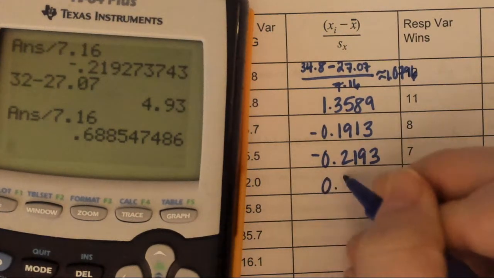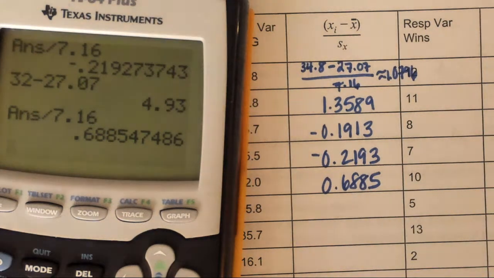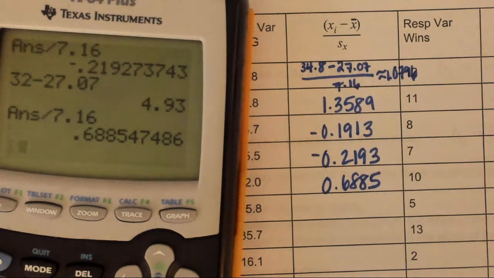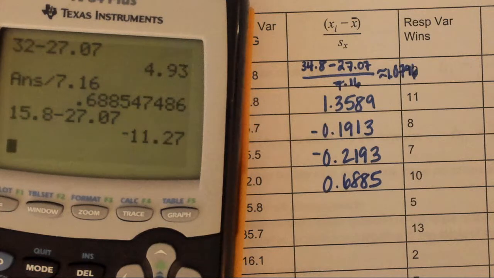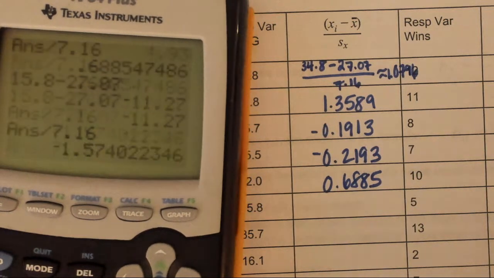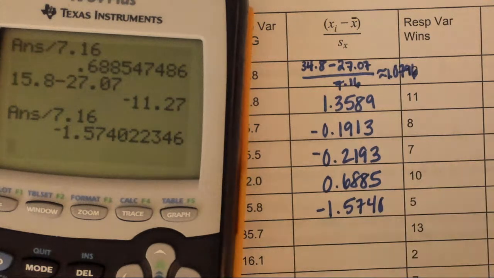We get 0.6885. And you're like, Miss Compton, this is so tedious and it's taking forever. God bless you, calculator, for normally handling this for me. 15.8 minus 27.07 divided by 7.16. We get negative 1.5740.